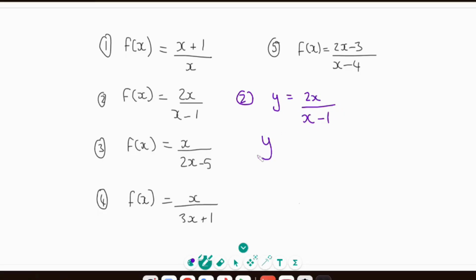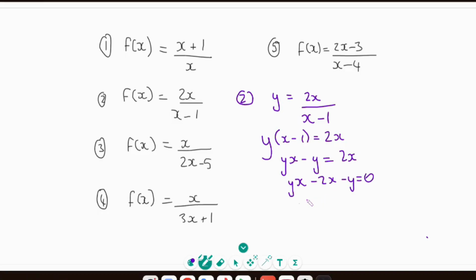Times both sides by x minus 1. Expand your brackets. I'm going to bring the 2x over to the left by taking 2x off both sides.